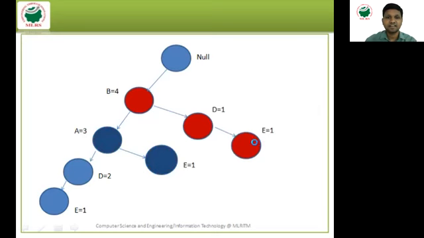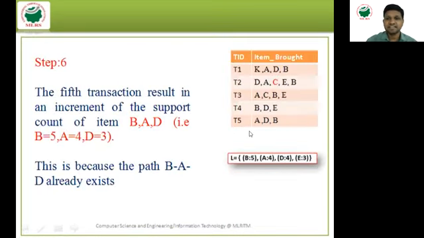Clear? And now step 6. So in transaction T5, ADB. The fifth transaction results in an increment of the support count of items BAD. So again, see, if it is in L order list, we need not rearrange, right? In case it is not in L order list, obviously you are going to rearrange based on the decreasing order.